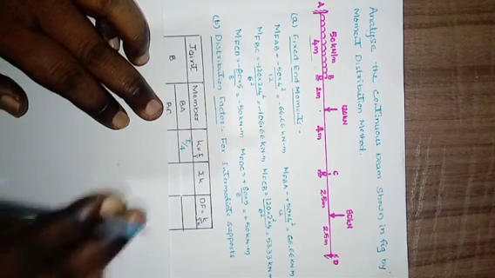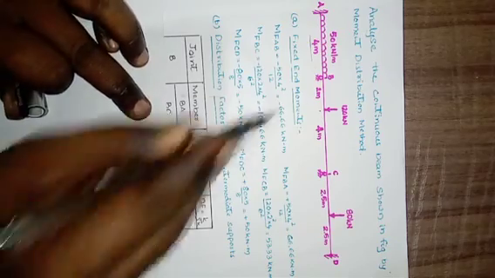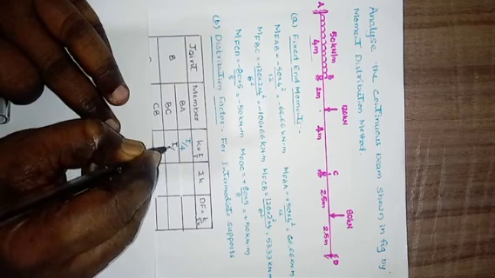Then for BC, length is 6 meter. For this one, that is I by 6.